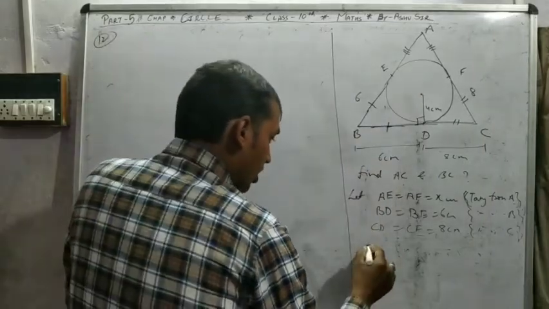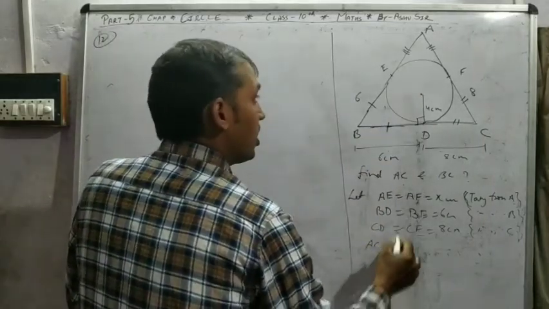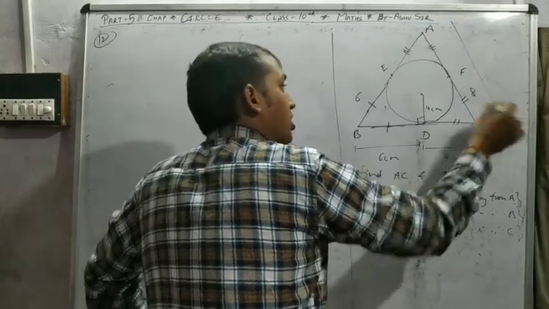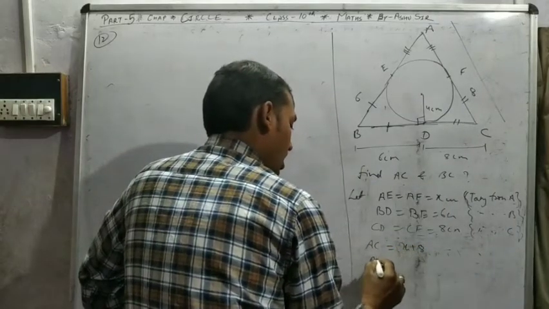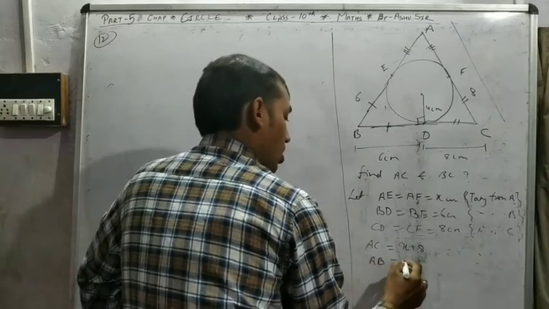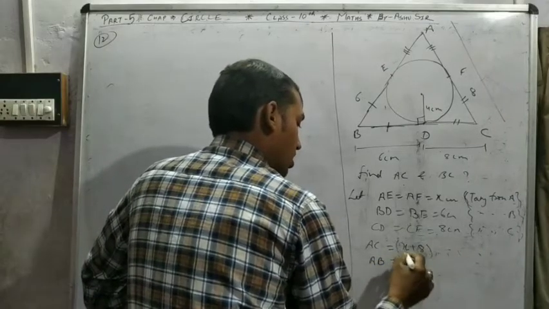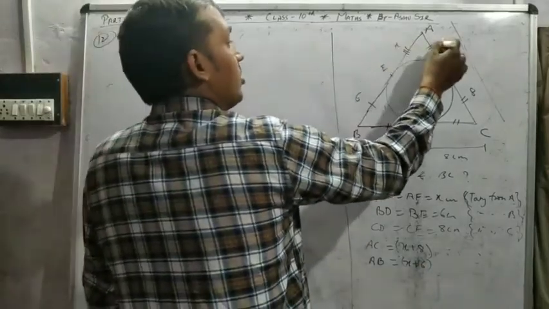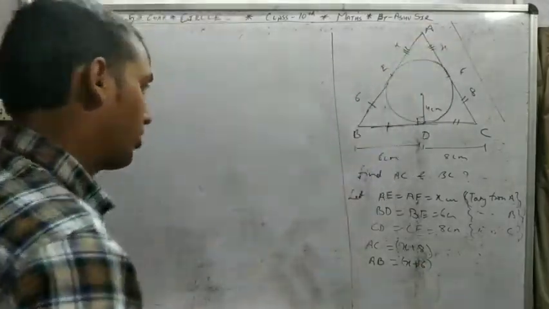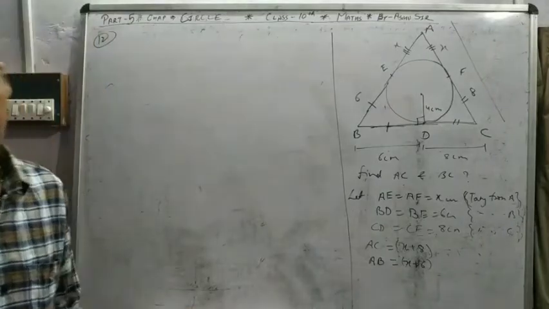So you want AC. What is AC? AC is x plus 8 and AB is equal to x plus 6.